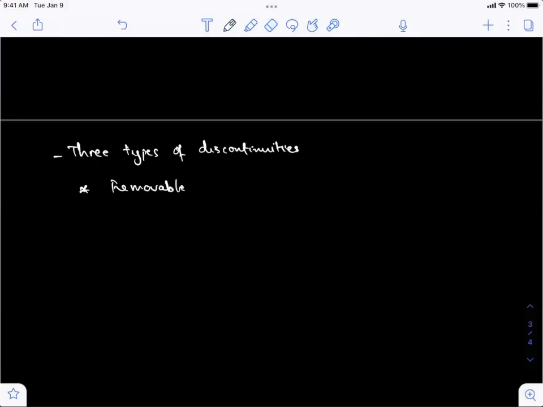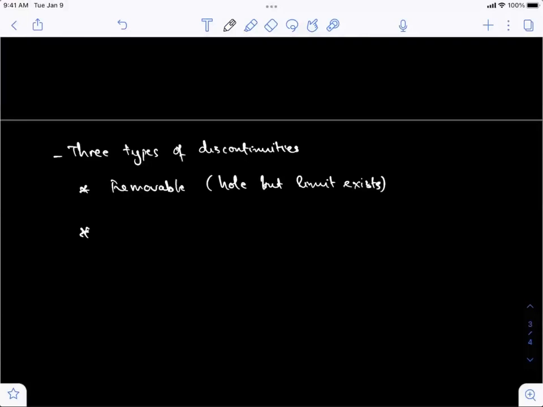You classify this when you see a hole on the graph of the function, but the limit still exists at the point of consideration.